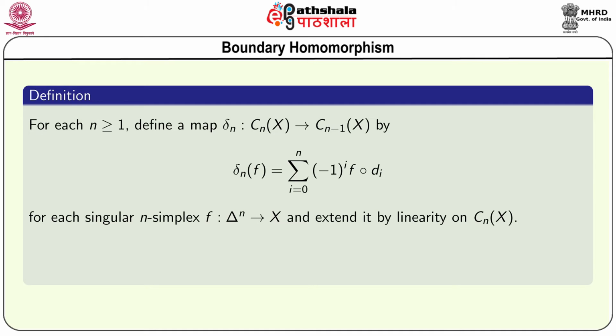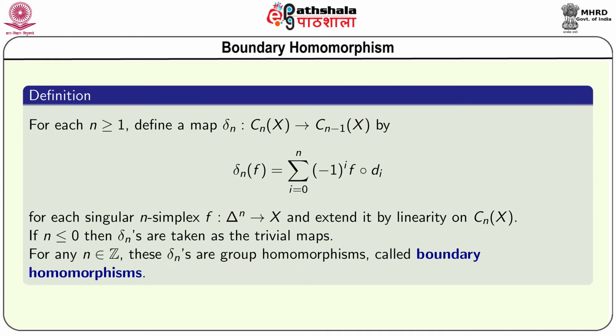And this f is a generator of Cn(X), that is a singular n-simplex in Cn(X). If n is less than or equal to 0, then ∂n's are taken as the trivial maps. So, for any n belonging to Z, these ∂n's are group homomorphisms, and these group homomorphisms are called boundary homomorphisms.